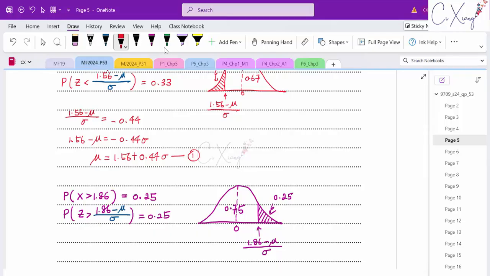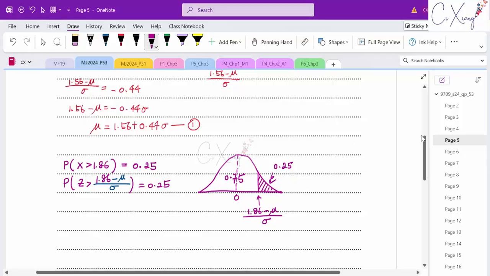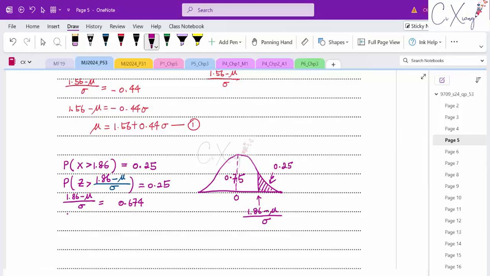Okay, then continue further, 0.674. So I know that my Z is equal to 0.674. But before that, I need to decide whether 0.674 is a positive value or a negative value. If you have a look at the table here, it is on the right hand side of 0, so it should be a positive value.